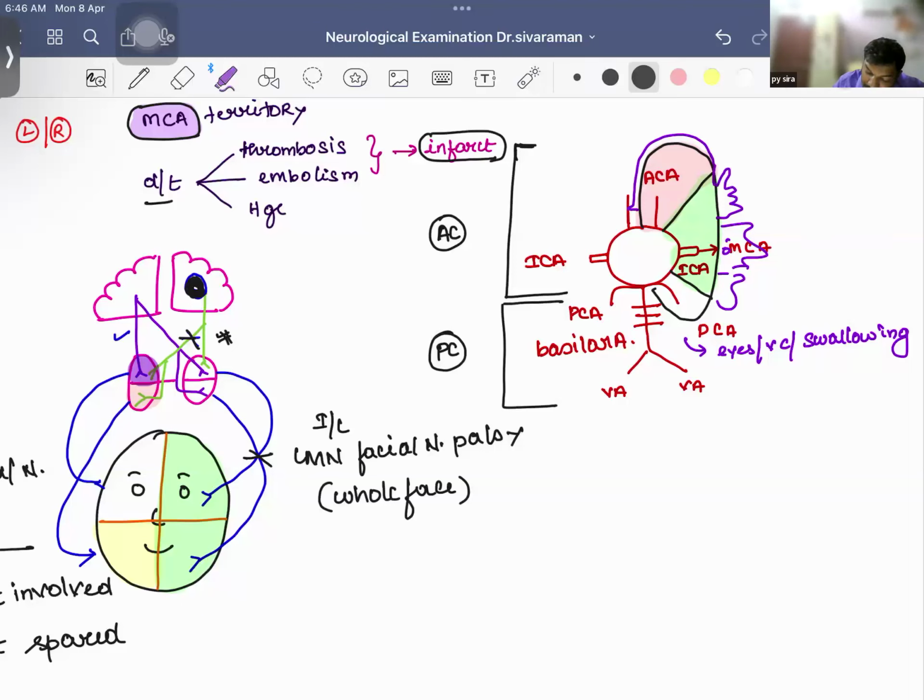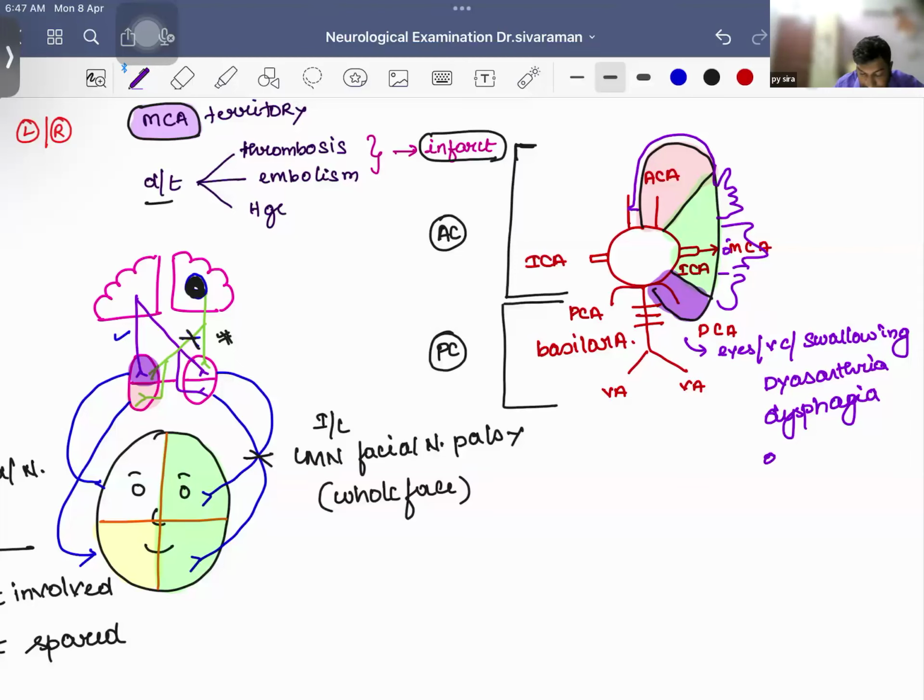Whenever a patient has difficulty in swallowing, dysarthria, dysphagia, dysphonia, then which artery? It is going to be more of a PCA territory.